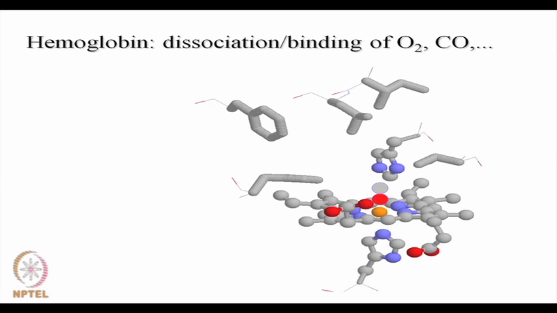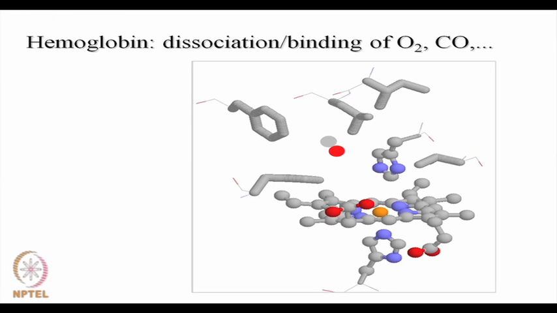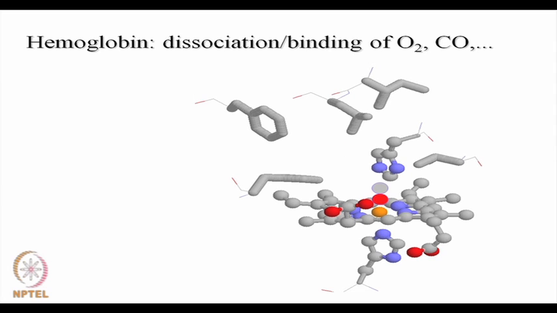And this carbon monoxide will tend to go outside the protein matrix. So, whether it is really going outside the protein matrix or not, that you can probe. Using ultrafast spectroscopy, you can look into the exact processes or the inner mechanism.